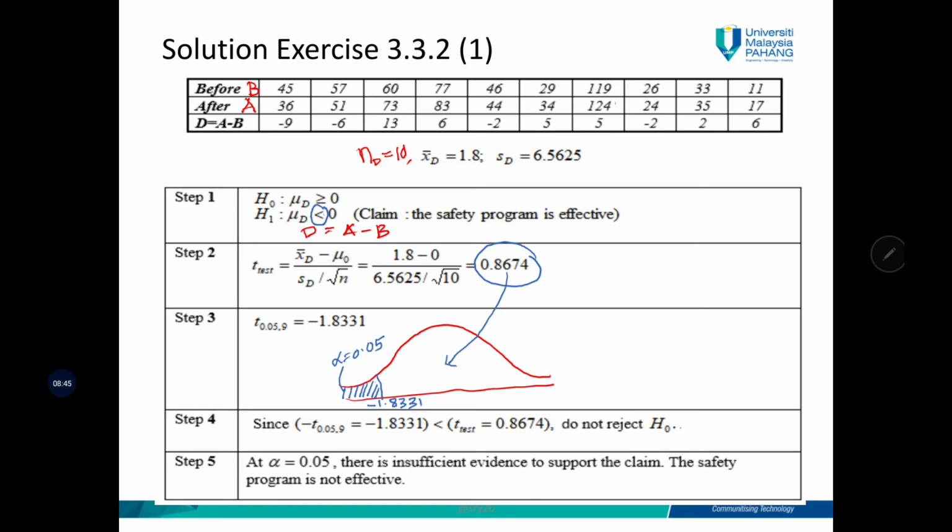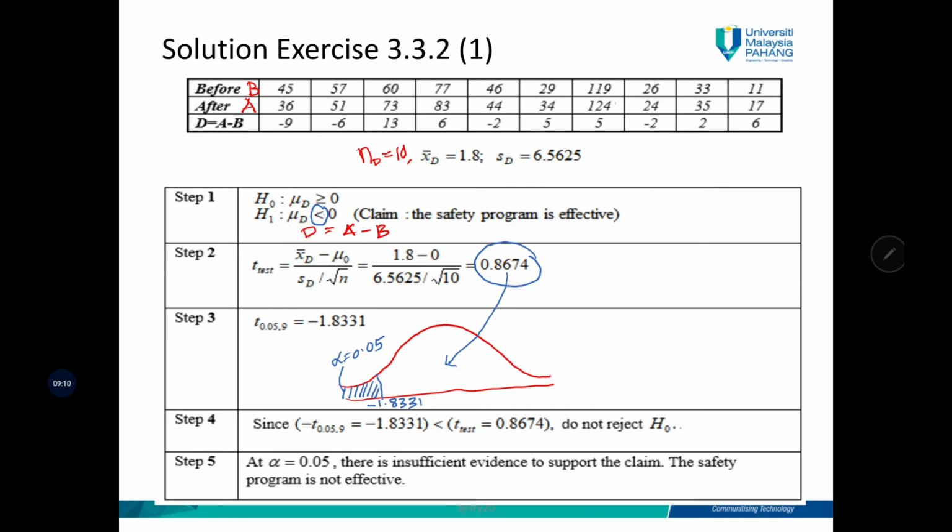To write this in proper form, the t test is greater than the t critical value, so it lies in the acceptance region.